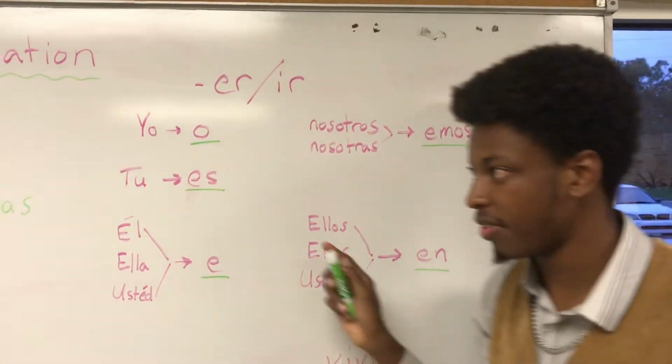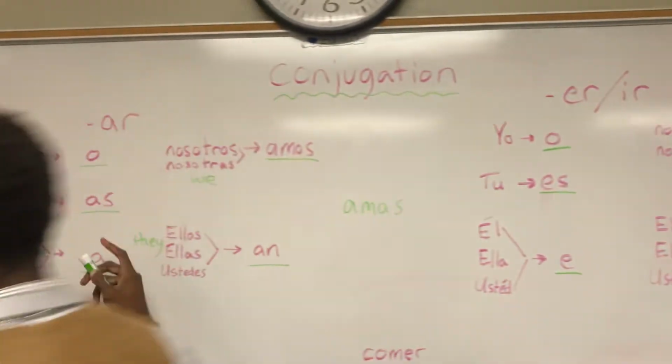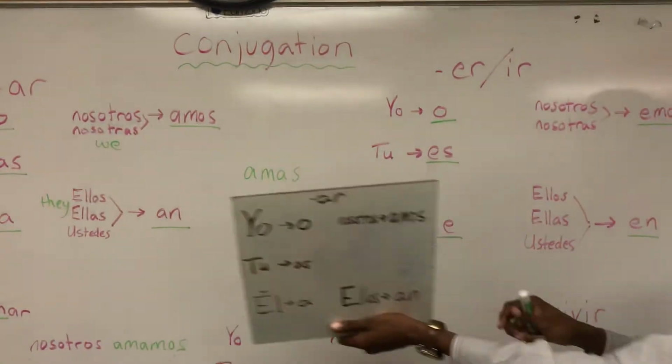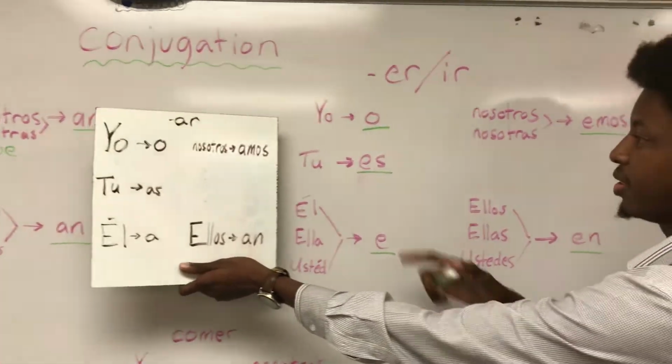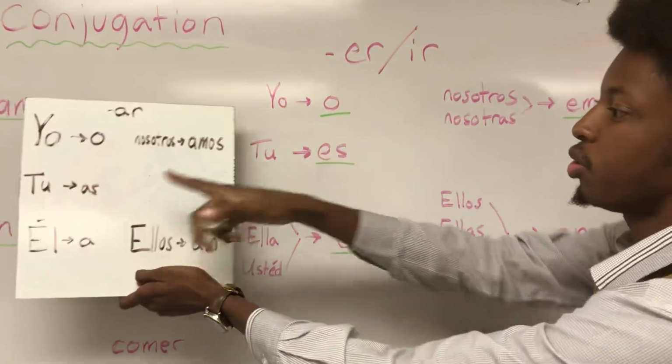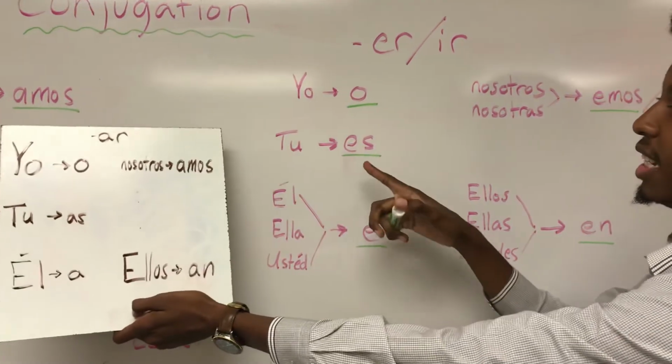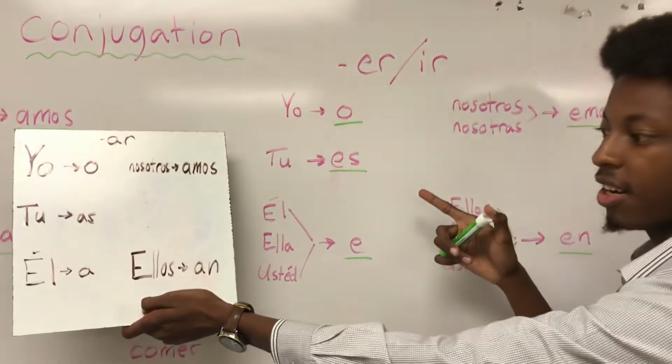Okay, so let's look back over here at AR. All right. Actually, I have my little tiny board here that I use to compare. So, yo stays the same. Tú, where it was AS for AR, it's now ES for ER and IR.